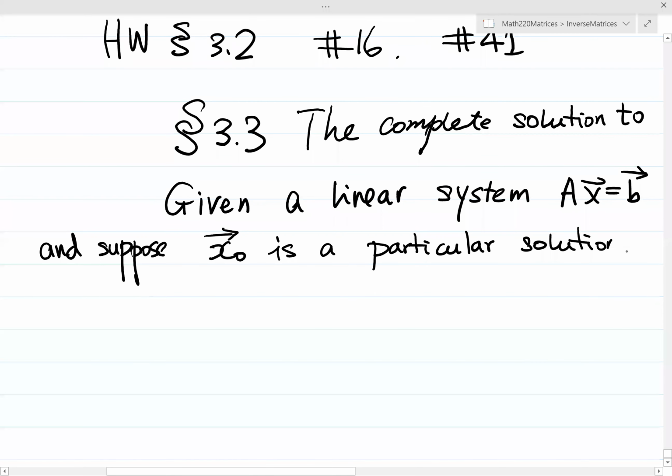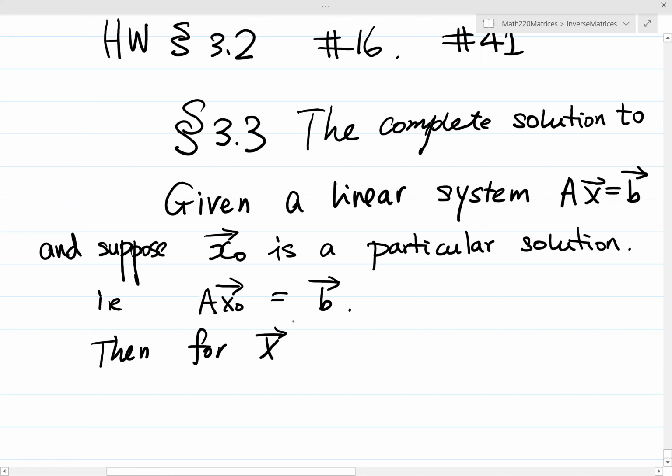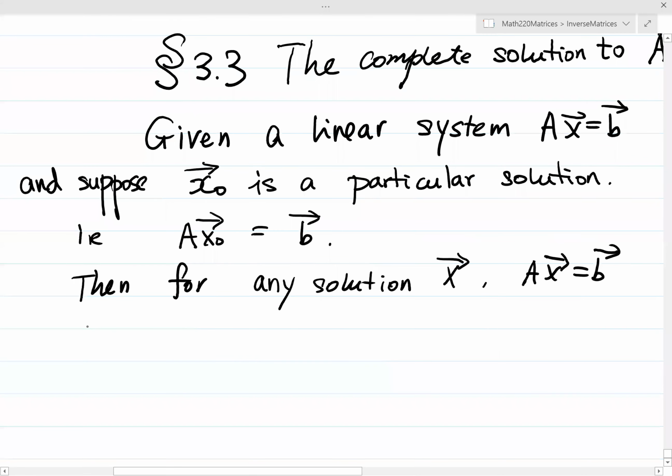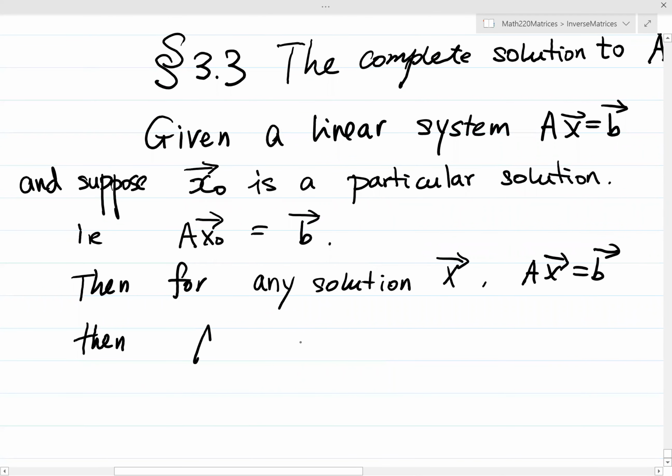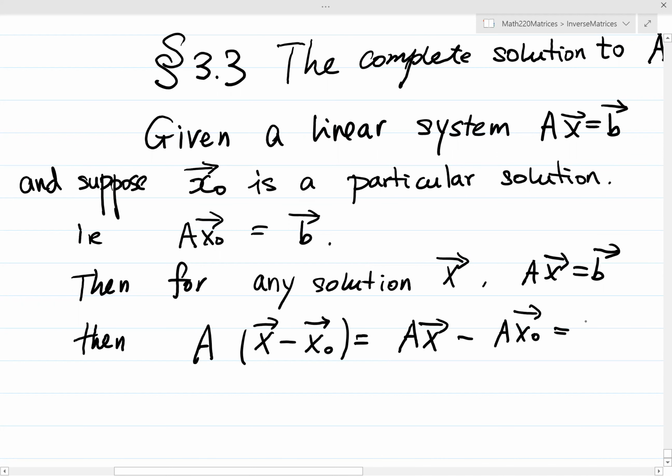i.e., Ax0 is B. Now for any x that is any solution that satisfies the linear system, we have Ax equals B. Now if we subtract, then use the linear property, we have A(x minus x0) distributes to B subtract B, which is 0.